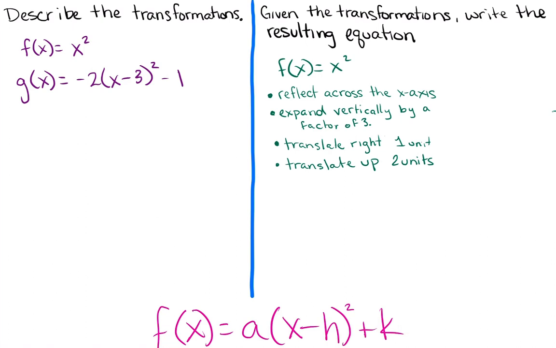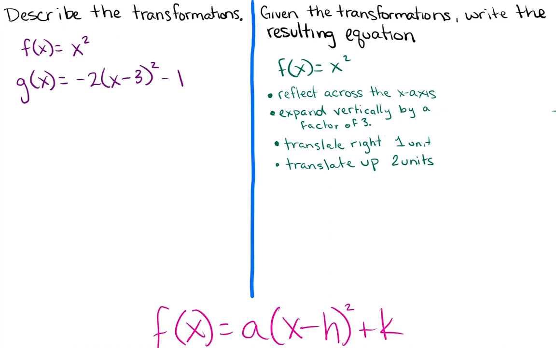Okay, so when we're looking at the problem on the left, the best strategy is to ask ourselves, what is different about the second equation compared to the first? Looking at this equation, the first thing I notice is that I have something in front of x in the second equation that's not there in the first.